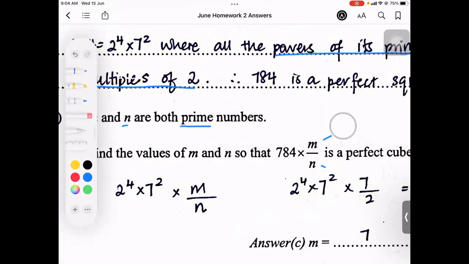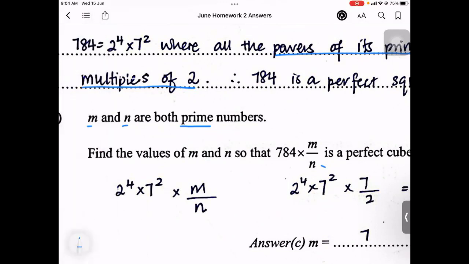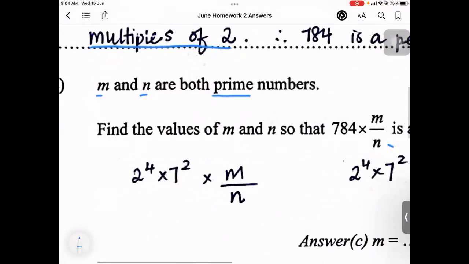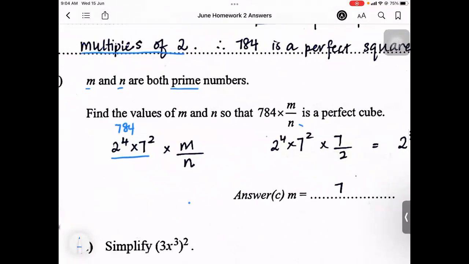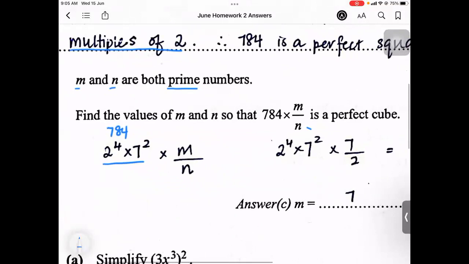Okay, so in that case, we have to look at the powers of 784 itself. 784 can be written as 2 to the power of 4, 7 squared. Then they want us to multiply something so that this is a perfect cube. If this is a perfect cube, that means the powers must be multiples of 3.